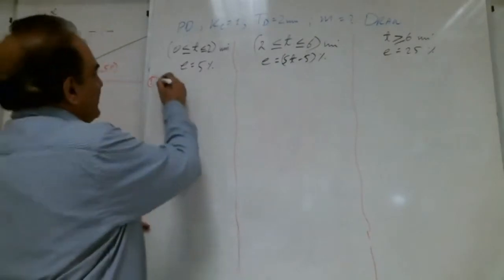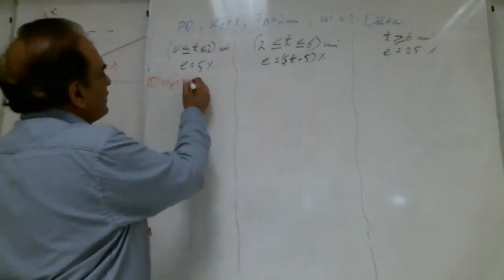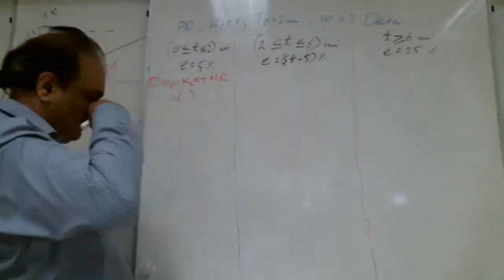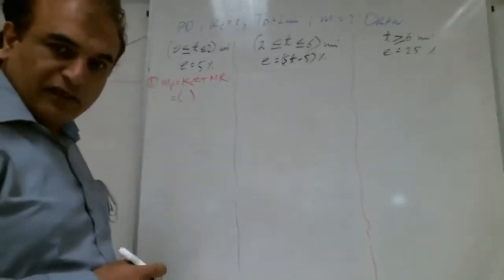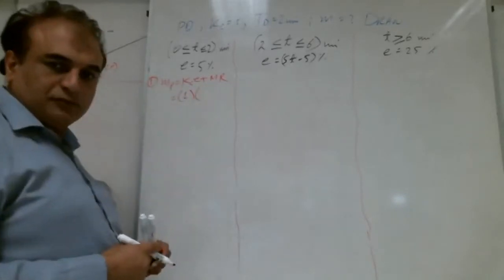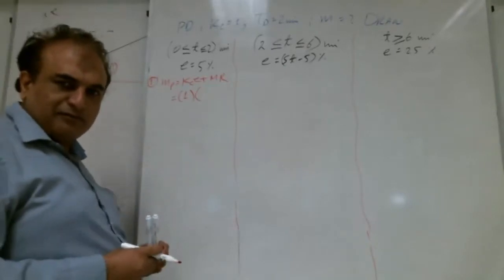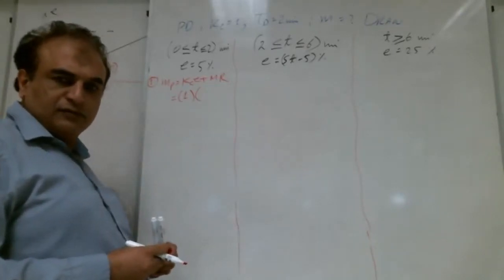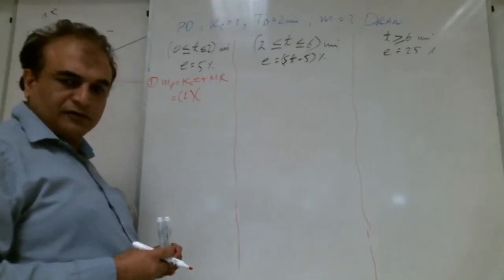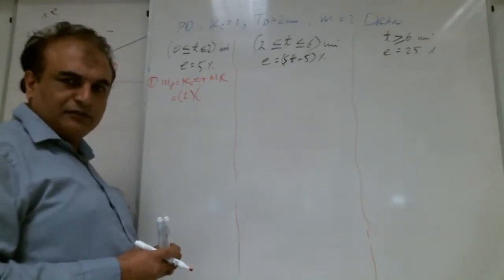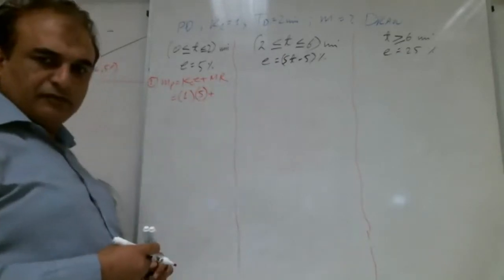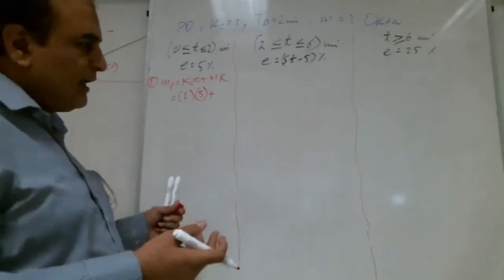MP is equal to KCE plus MR. How much is KC, Shabab? 1. What is the error? 5, teacher, 5. Very good. What is MR? 0. MR is not given.